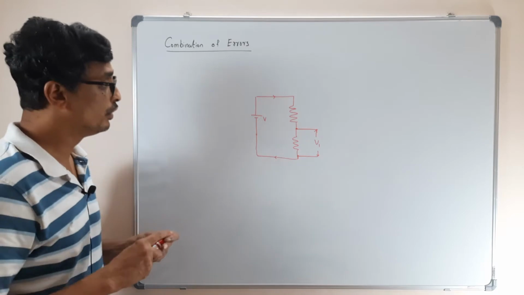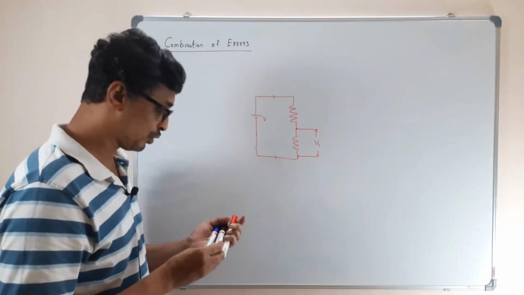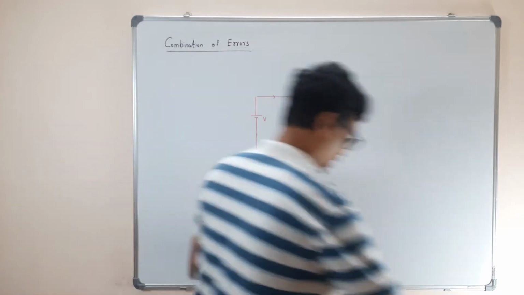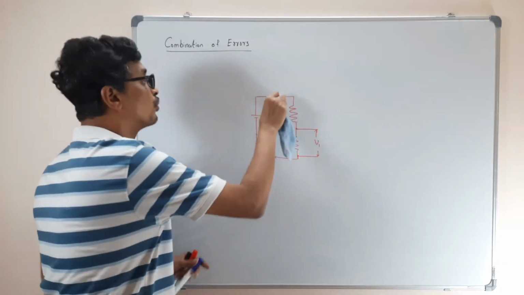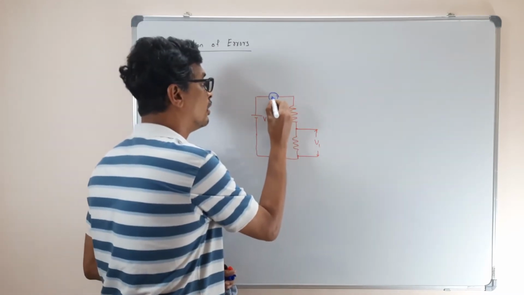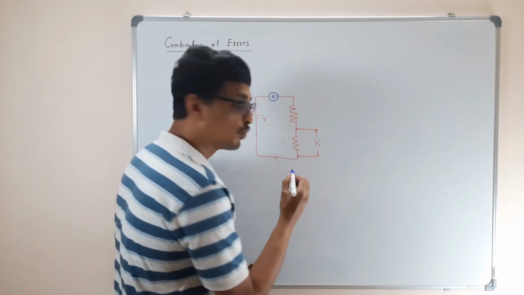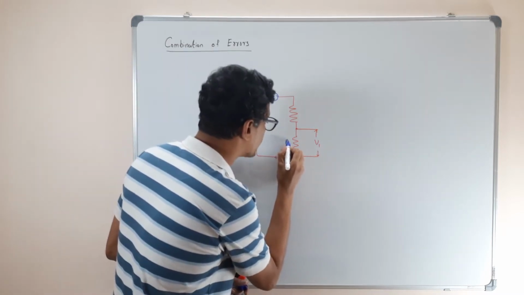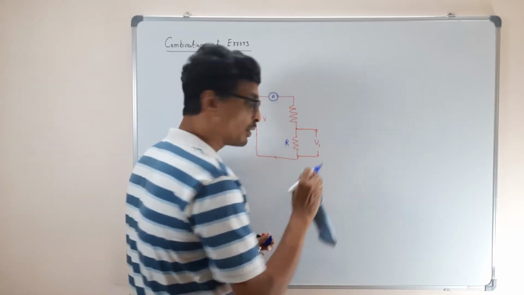To find the voltage, we have to know the current passing through the circuit, so you will add an ammeter. And then I need the voltage across it, so you need to know the value of the resistance also. You need to measure the voltage also, right?